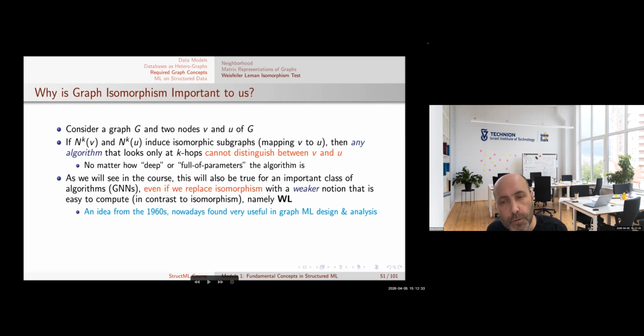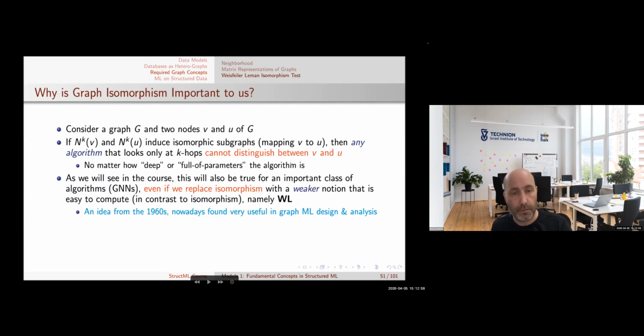But we'll see that this is true even for weaker notions than isomorphism. These K-hop induced graphs do not need to be actually isomorphic. It is enough that they satisfy some weaker property, and that's the Weisfeiler-Lehman algorithm, for these algorithms to not be able to distinguish between the nodes.